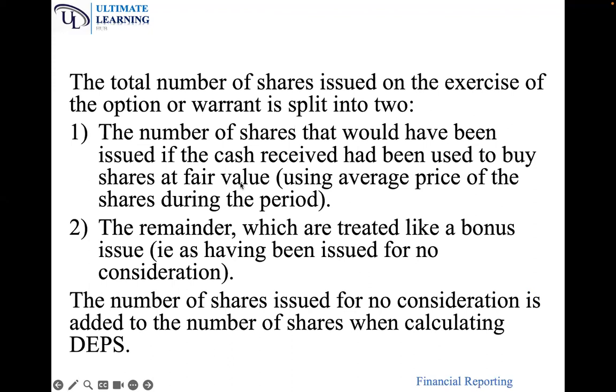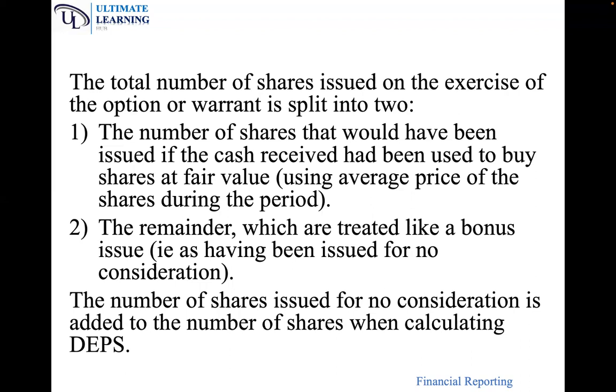Remember, if the market price of the shares was 1,000 per share, you must exercise the option only if you will gain. So if the exercise price is slightly lower than the prevailing market price of 1,000, you can exercise your option. But if the option rate is more than the market price, it doesn't make any sense to exercise the option.